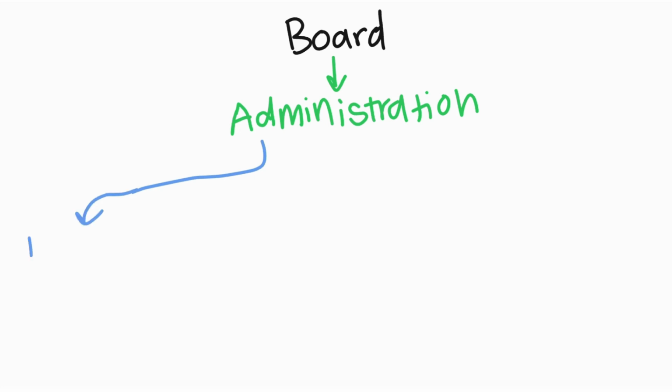So the info people are going to be your admissions, billing, HR, and records people. And then you're going to have therapeutic.